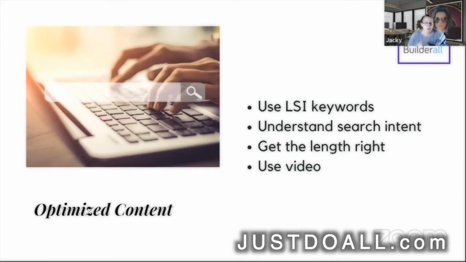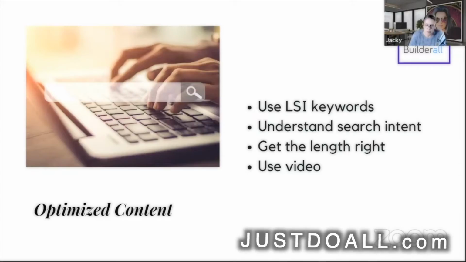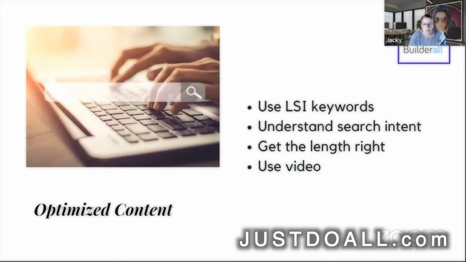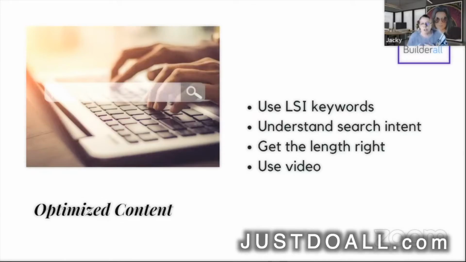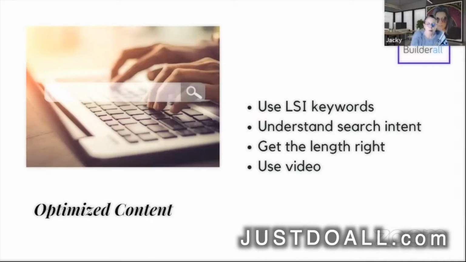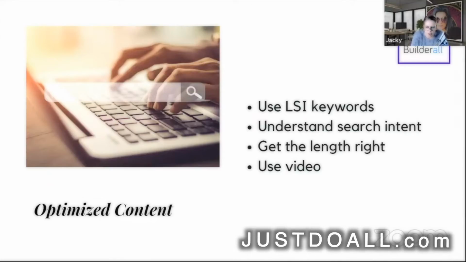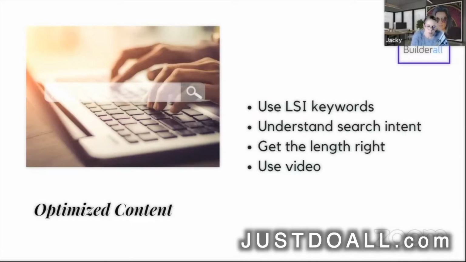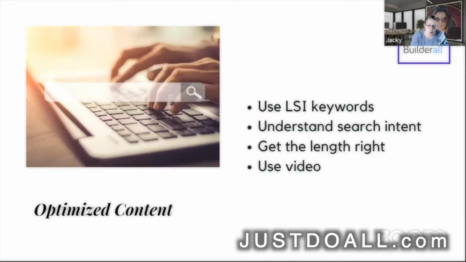The next one is search intent. Now, search intent is the reason behind a searcher's query on the search engines. It represents the objective the searcher is trying to accomplish. For example, someone might want to learn about something or find something or buy something. The next one is the length. Now, experts suggest 1,500 to 2,000 words is the ideal length of a blog post.